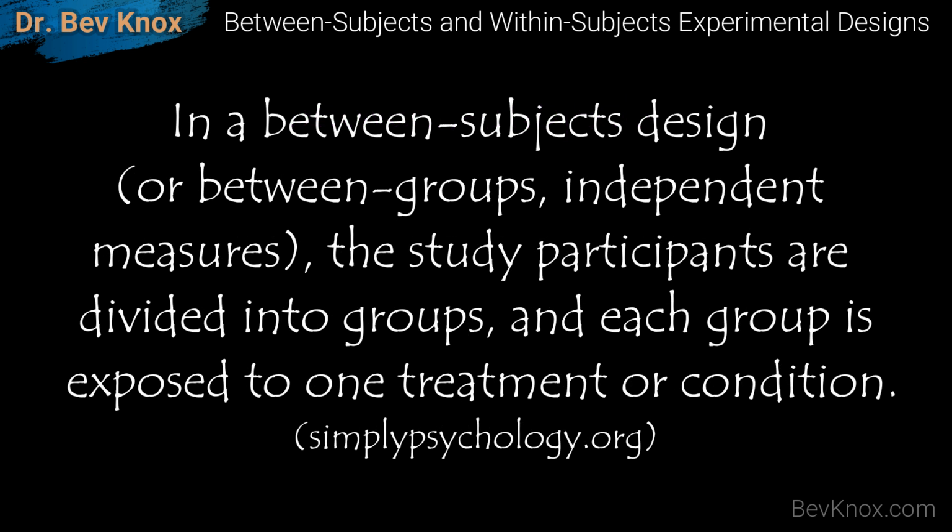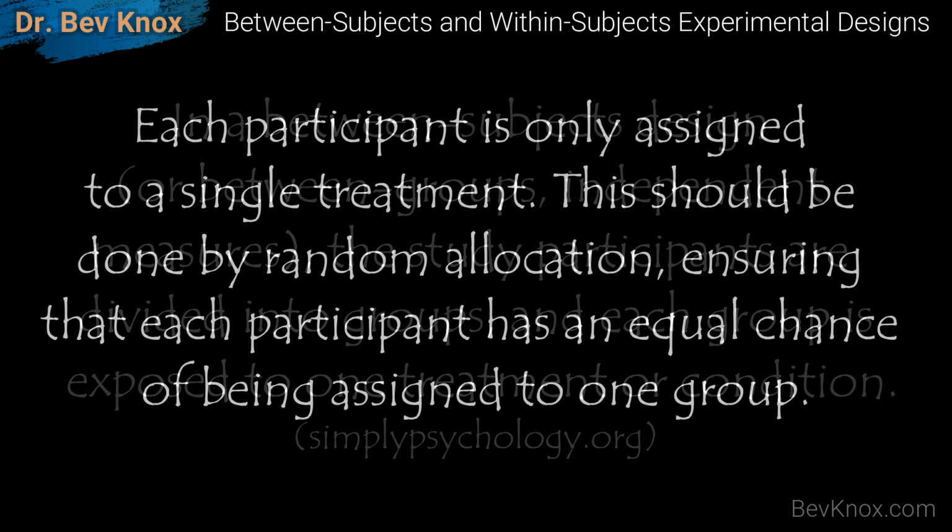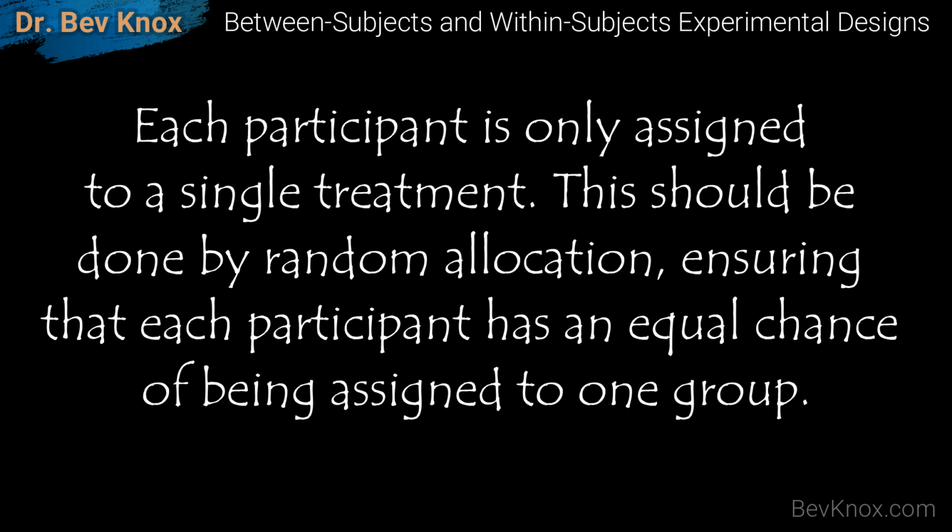In a between subjects design, and again, it could be called between groups or independent measures, the study participants are divided into groups, and each group is exposed to one treatment or condition. Each participant is only assigned to a single treatment.